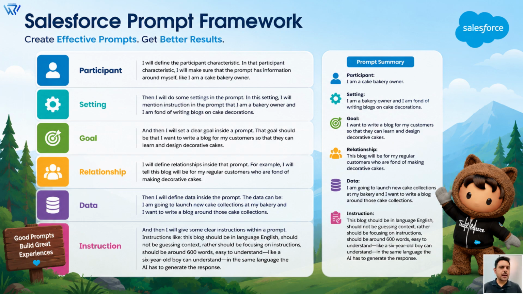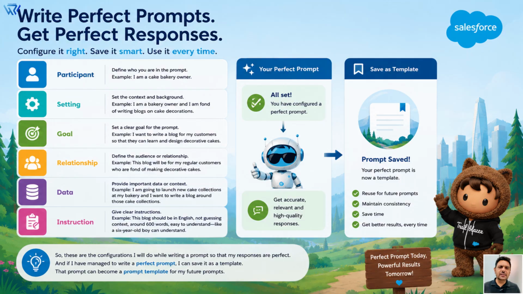Instructions like this blog should be in English, should not be guessing context, rather should be focusing on instructions, should be around 600 words, easy to understand, like a 6-year-old boy can understand. In the same language, the AI has to generate the response. So these are the configurations I will do while writing a prompt so that my responses are perfect.